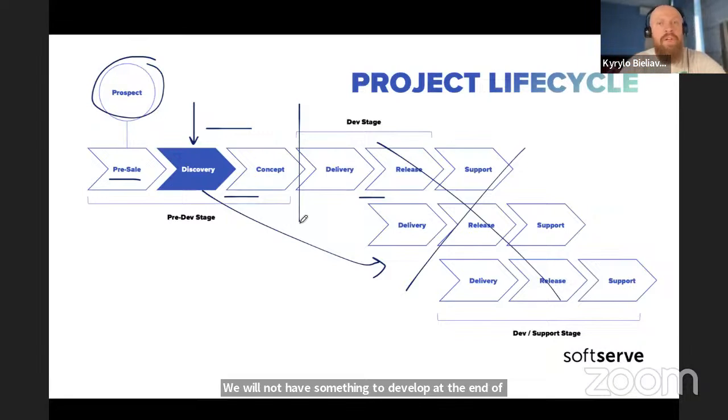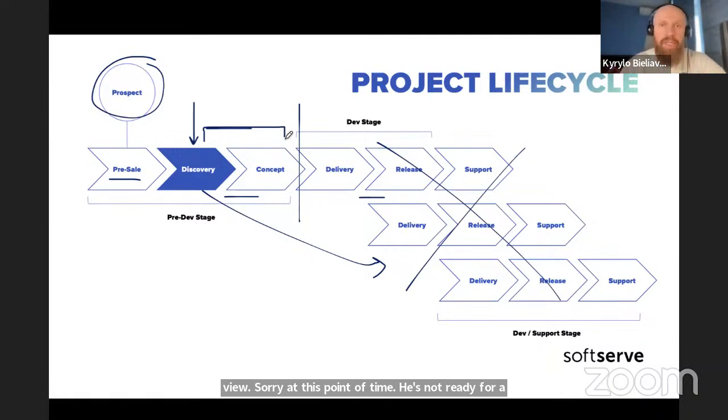But we will have an understanding of the client's problem, and the client will also have that understanding, and we will give a good, let's say, consulting service at this point. So we will help the client to understand his situation and maybe find a better solution, or just understand that at this point of time, he's not ready for a certain development stage.